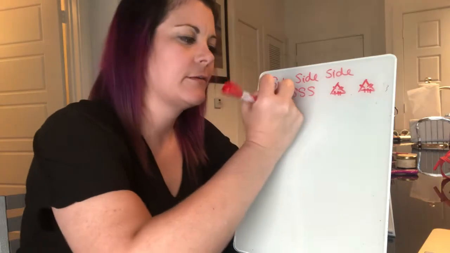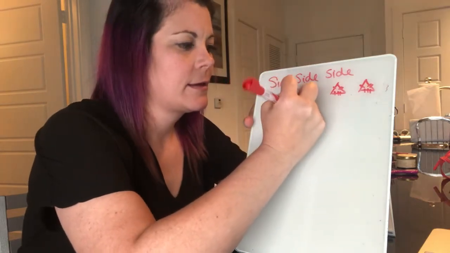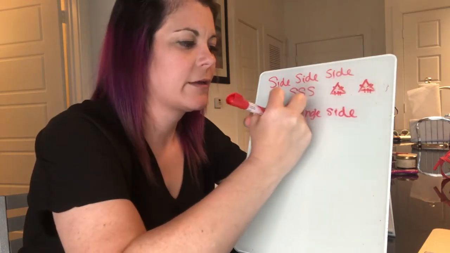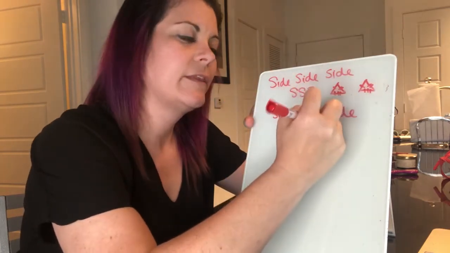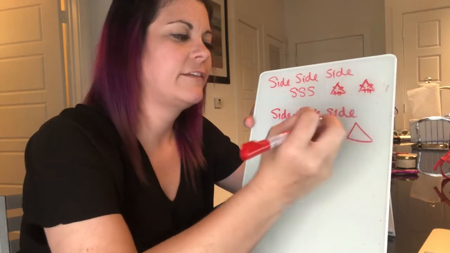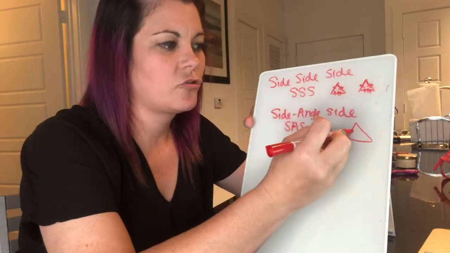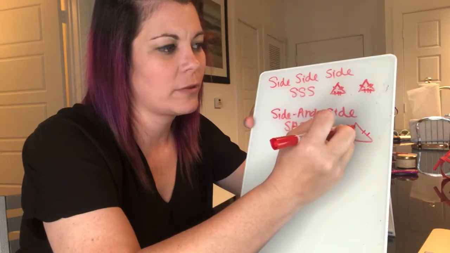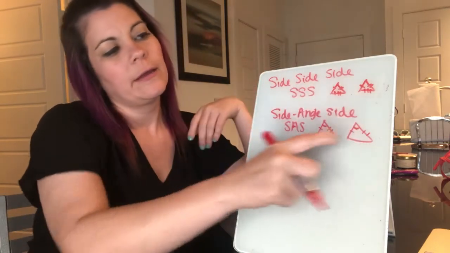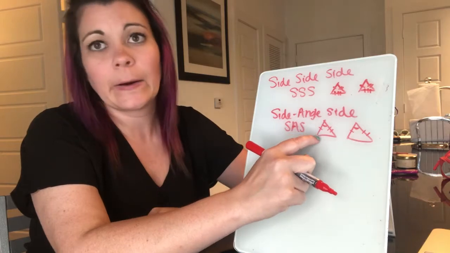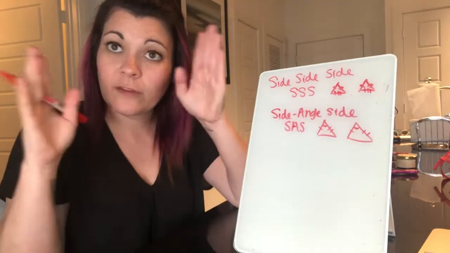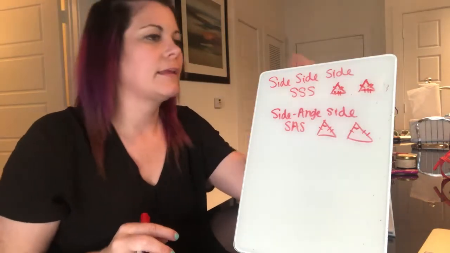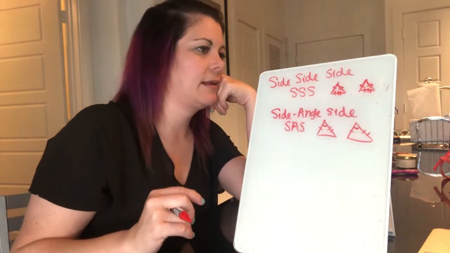The next one is side, angle, side, or SAS. In this case, if I state that 2 sides are congruent and the angle that's included between those 2 sides, it can't be an angle over here because it has to be the angle in between the 2 sides that we've proven are congruent, then I can state that these 2 triangles are congruent by side, angle, side.